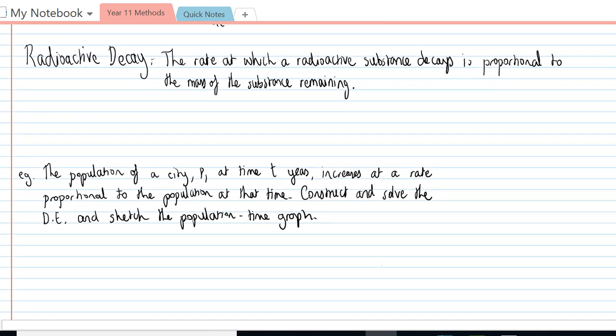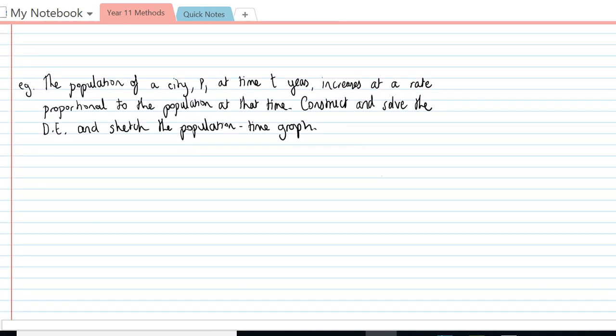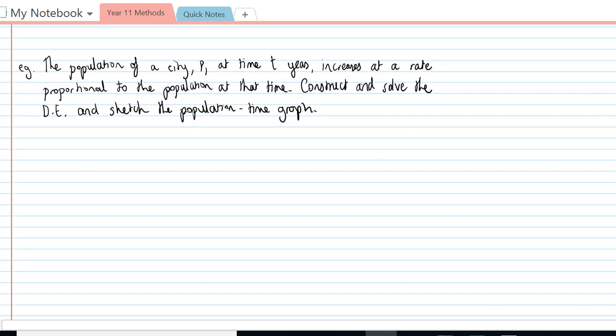So to get into this example here, the population of a city P at time t years increases at a rate proportional to the population at that time. Construct and solve the differential equation and sketch the population time graph. Okay, so we're told the population increases at a rate proportional to the population.